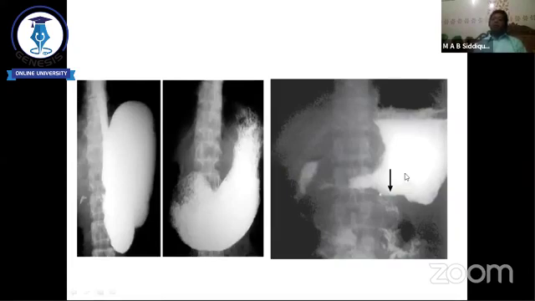But in case of malignancy, usually the history is short, the age is sometimes more, and if we see the contrast, there is an irregularity of the margin. So we can differentiate by this contrast whether it is pyloric stenosis or carcinoma stomach.